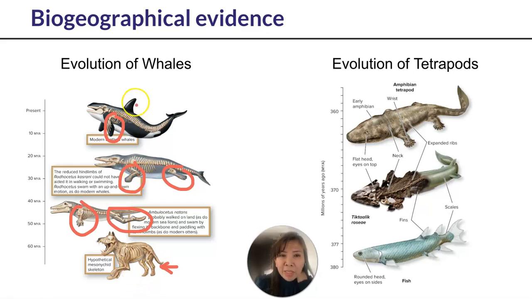But over time, because of their adaptation to live in water, these hind limbs have become what we observe here in these whales. Here, similar things happen in the evolution of the theropod, where this fin over time might get reduced because it's not as needed as we move up over time, right?